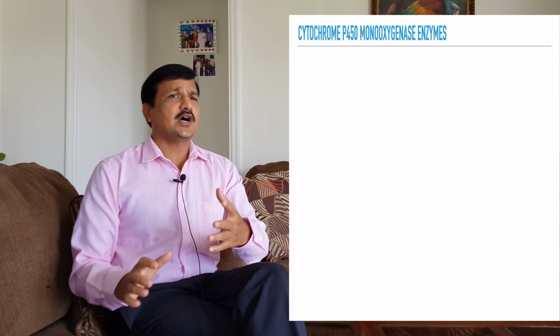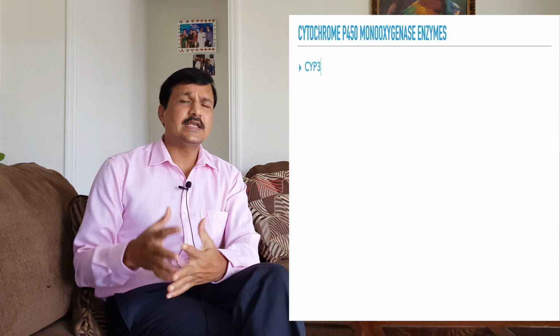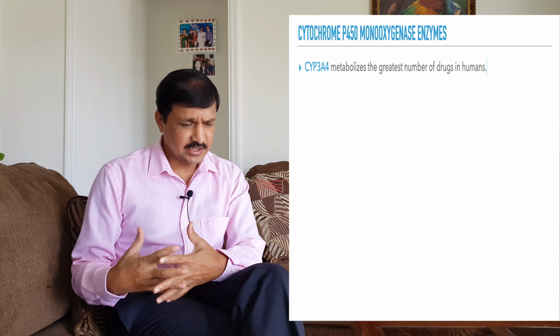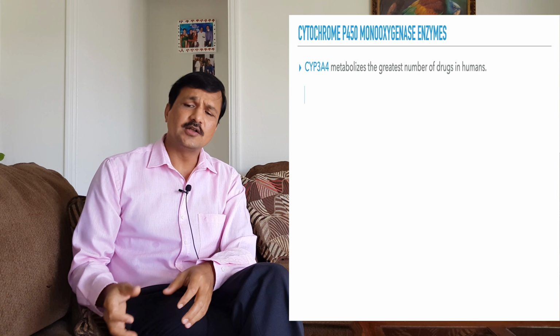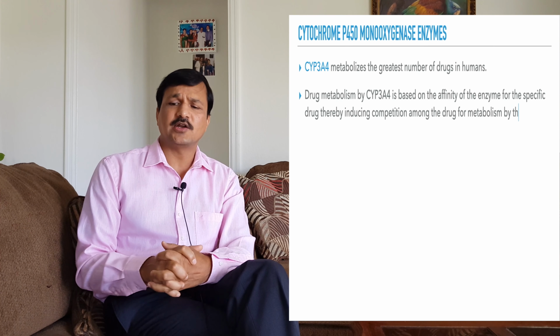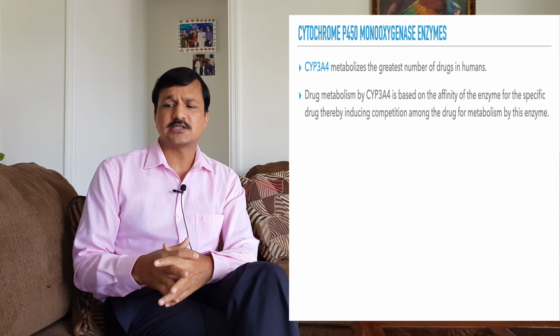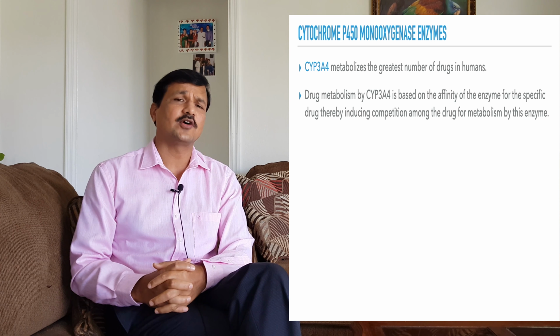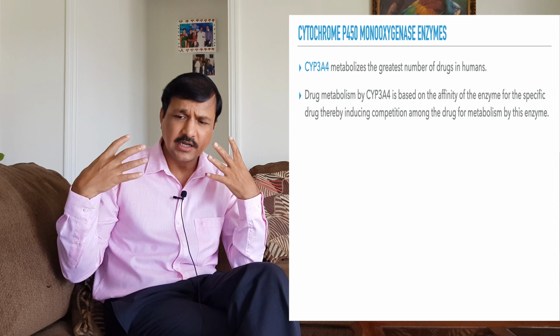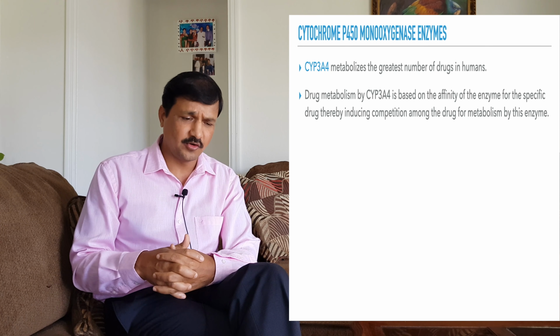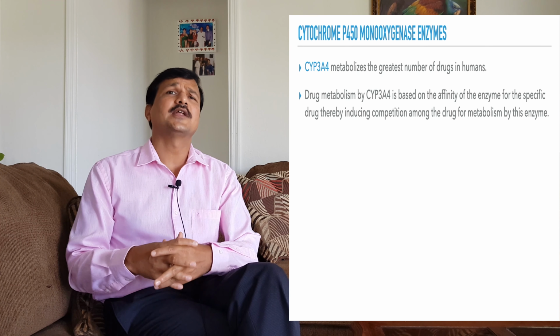Alright, so as I said, cytochrome P450 3A4 handles the greatest number of drugs in humans. Also note that drug metabolism by cytochrome P450 3A4 is based on the affinity of the substrate for this particular enzyme. That means there are so many drugs handled by this enzyme.